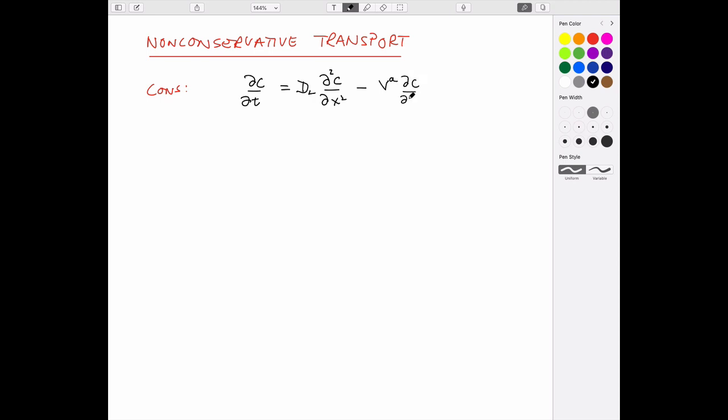We've seen this expression before. This is advection, this is dispersion, and this is accumulation. Those terms all act together. Dispersion and advection together are really mass in minus mass out.